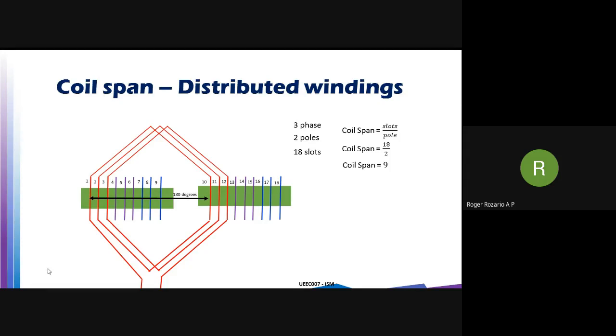So why are there 3 groups here? I am introducing one more term, M. What is M? M equal to slots per pole per phase. Now you know the number of slots is 18, the number of poles P is 2, and the number of phases is 3. Can you tell me the value of M?